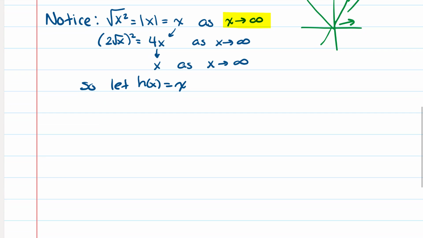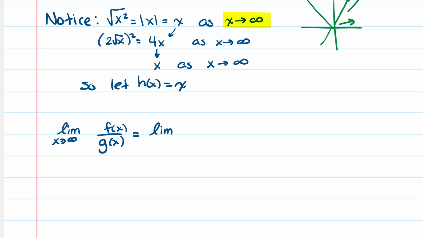So here we go. To show that something equals a constant, you're going to do the limit as x goes to infinity of f of x divided by g of x. Okay, so this next step is going to seem kind of weird. We're going to do the limit as x goes to infinity. I'm going to divide f and g both by h. So I get f of x divided by h of x, divided by g of x divided by h of x.